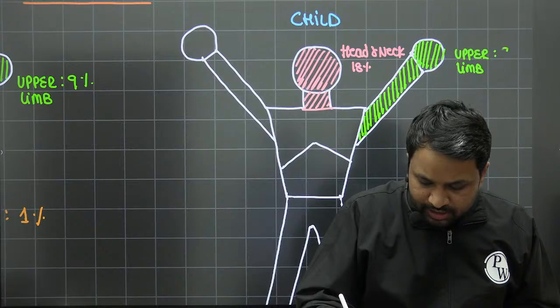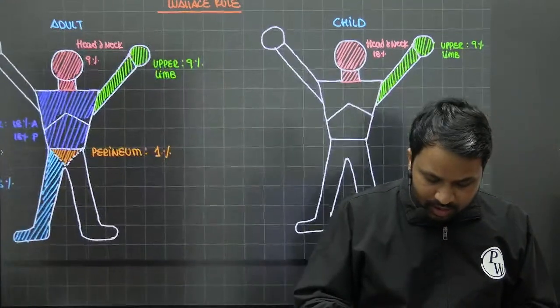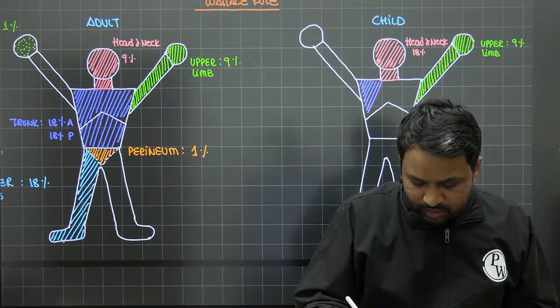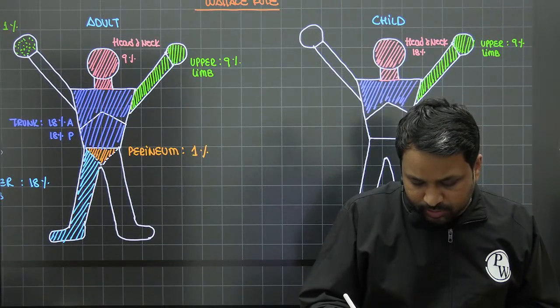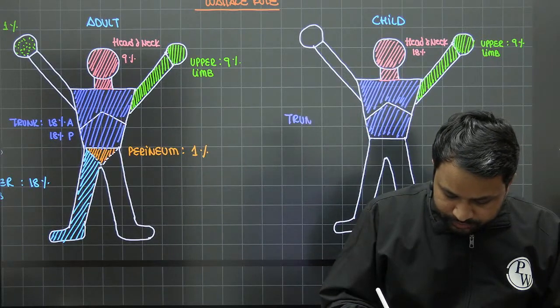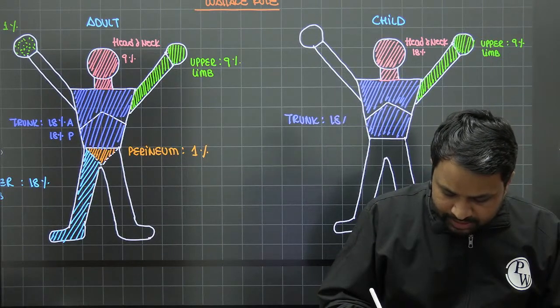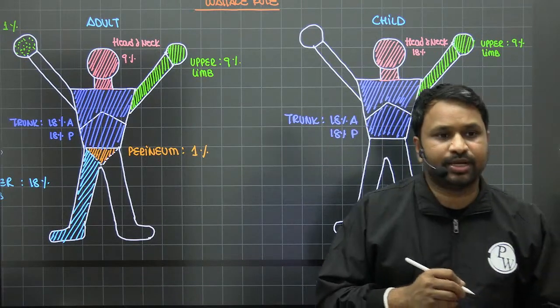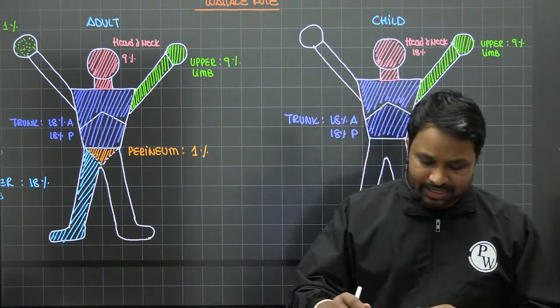The trunk remains the same, 18%, a combination of both chest and abdomen in both child and adult. It is going to be 18% anterior as well as 18% posterior.